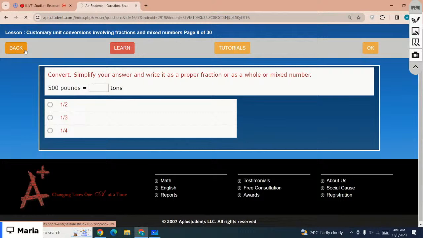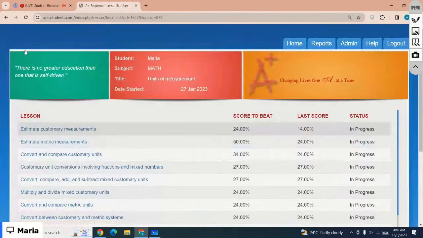Okay, so we'll be working on grade 6 maths. The chapter we're working on is units of measurement, and the lessons we have covered today are estimate customary units, estimate metric units, compare and convert customary units, and customary unit conversions involving fractions and mixed numbers, right?